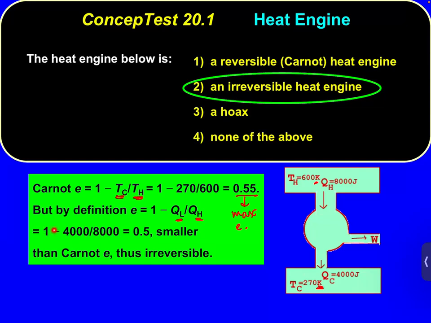Take that away from 1, and you calculate a real efficiency of 0.5 or 50%, which is smaller than the perfect efficiency that a Carnot engine gives. And therefore, this engine can exist in real life. It's an irreversible or real engine.